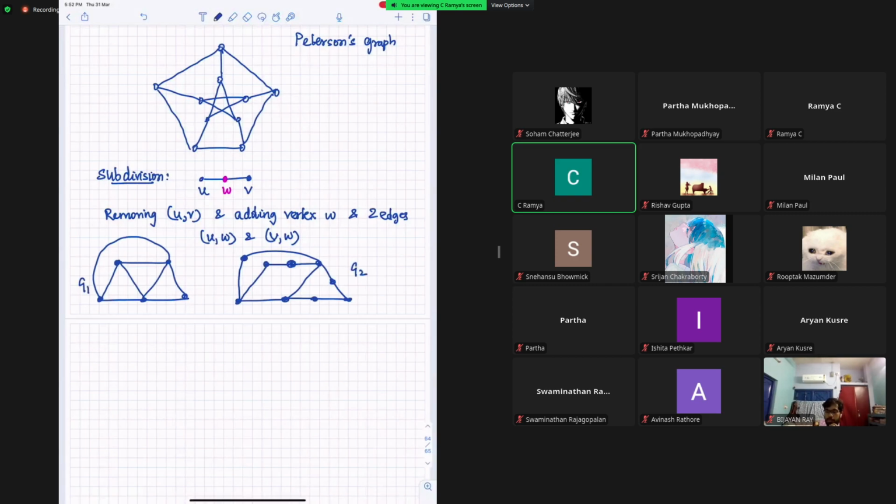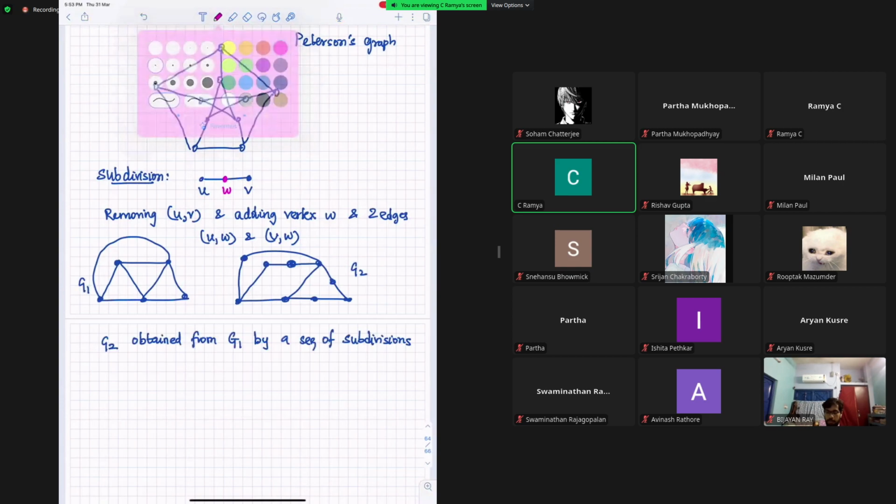So G2 can be obtained from G1 by a sequence of elementary subdivisions. Is that clear? G2 is obtained from G1 by a sequence of subdivisions. So first you look at this edge, you add a vertex here, then you add this vertex, and this vertex, and you'll get G2 from G1.